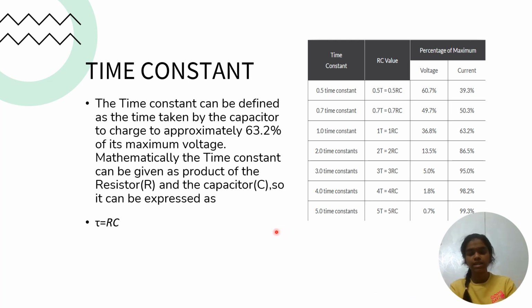Mathematically, the time constant is given by resistance into capacitance, that is R into C. This is the voltage and current, as a percentage of maximum, at different time constants. For the current to reach its maximum value, it takes approximately 5 time constants practically, and theoretically it takes infinite time.